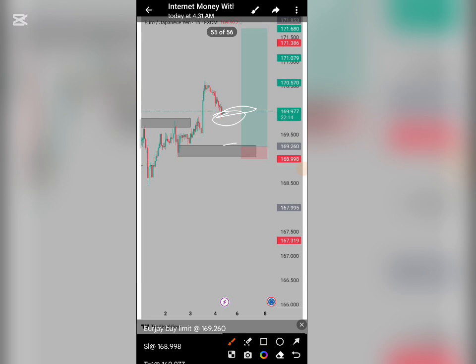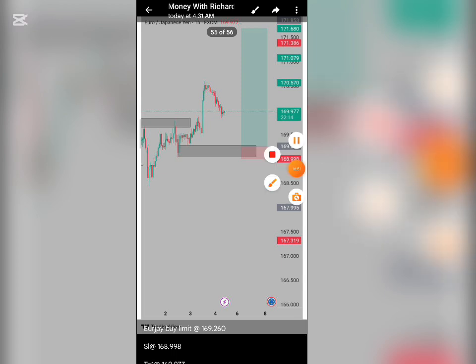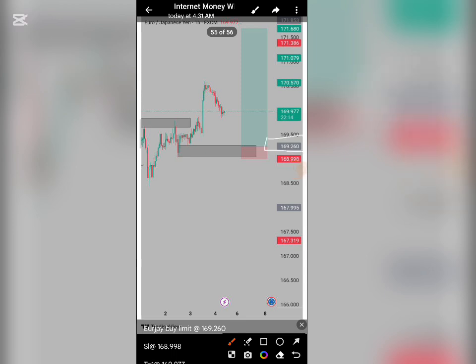We want to buy here because, as you can see, our stop loss is here. Our stop loss is this red thing. So it means we are entering the market around this area, even more so in these dashes. You see the dash, 169.260. That is our price.